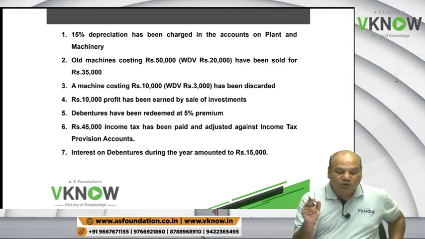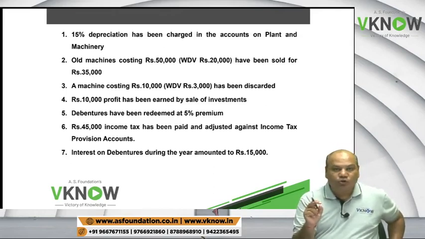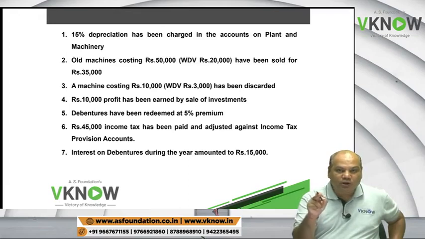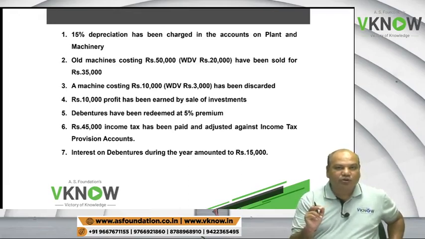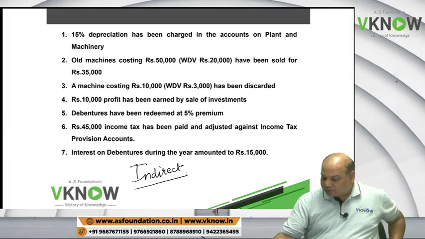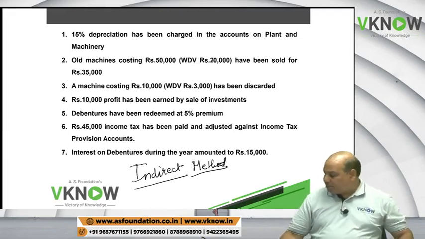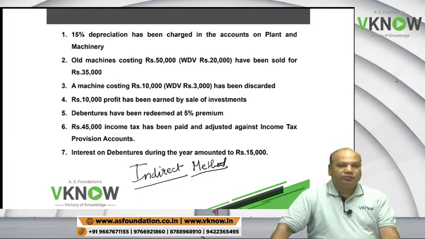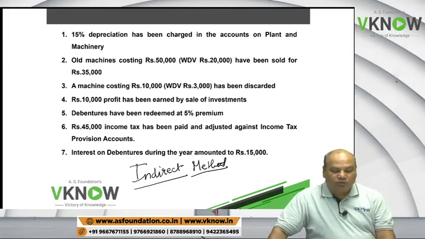So you will not be able to calculate collection from debtors. Similarly, you will not be able to calculate the payment to suppliers because the purchase figure is not available. Because of the data, this question can be solved only under the indirect method.